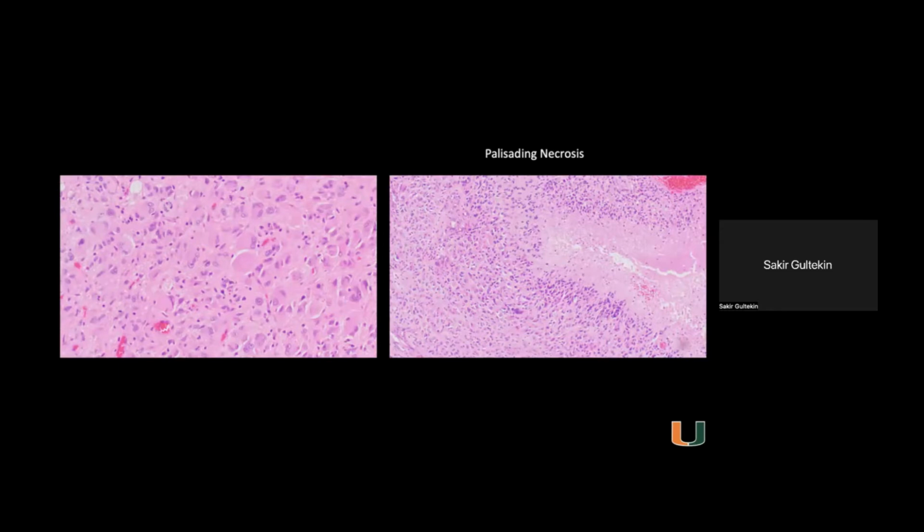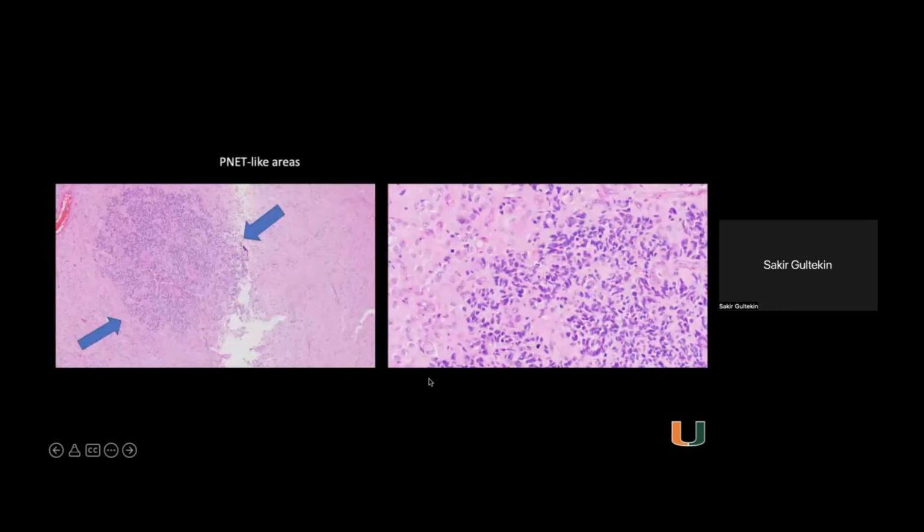Okay, so this is a glioblastoma with hypercellular, atypical astrocytic proliferation plus necrosis. The interesting thing about this one was there were some areas that looked a little different. See this nodule between the blue dots on the left?